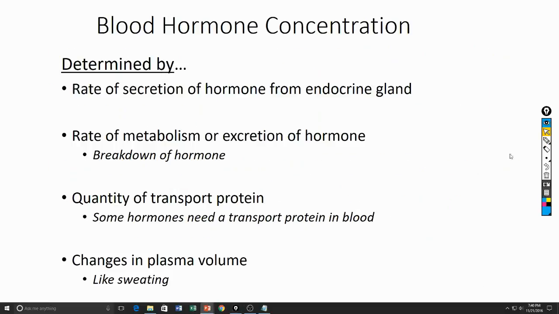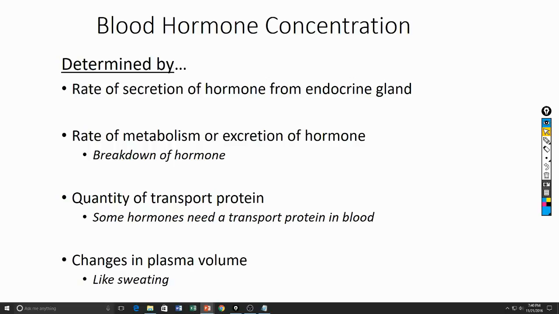All right. So concentration of hormones is determined by a number of things. Okay, so one of which is the secretion of hormone from the actual endocrine gland. This is something that will vary person to person, in some cases to a great extent. Okay, so there's an interplay between the rate of secretion and the rate of metabolism or breakdown, take up of that hormone, right?